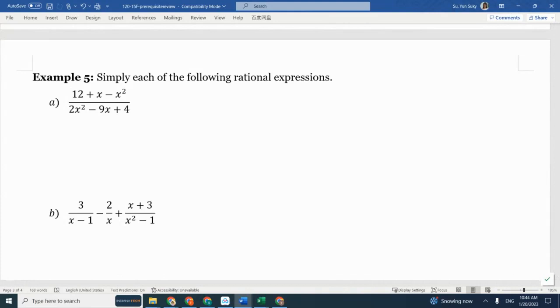Okay. So first of all, we order the terms. So you have the highest power first, and then the lower power, and do the constant. First step, reorder it.